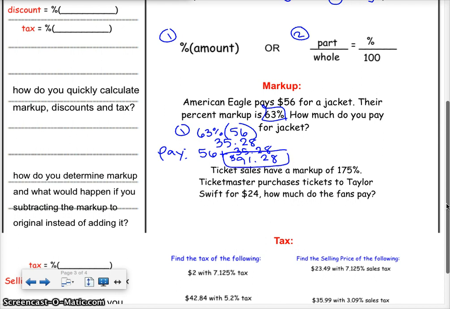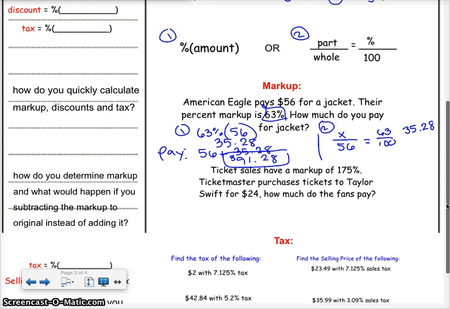Method number two, connect it to proportions. You all do amazing with proportions. So the markup is part of the total, $56, as percent, 63, is to 100. Once you do that cross product, you're going to get 35.28, and then you have to remember that that's their profit.